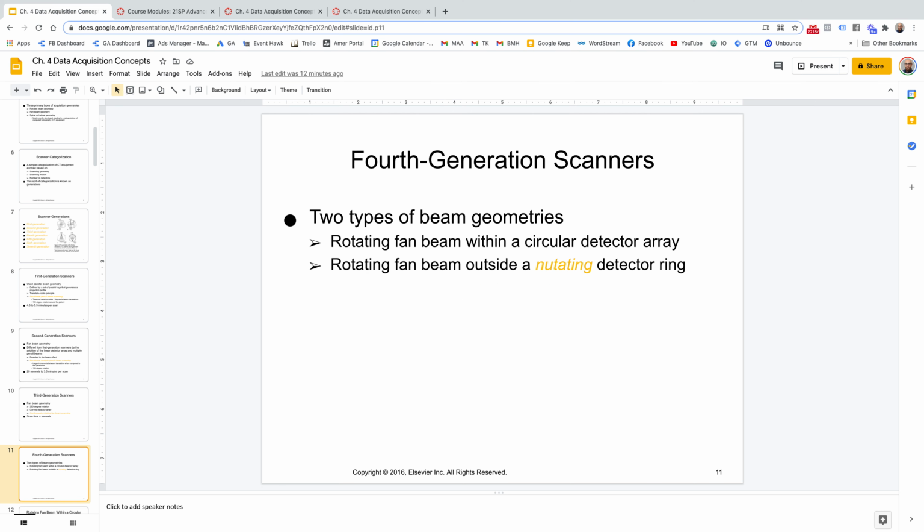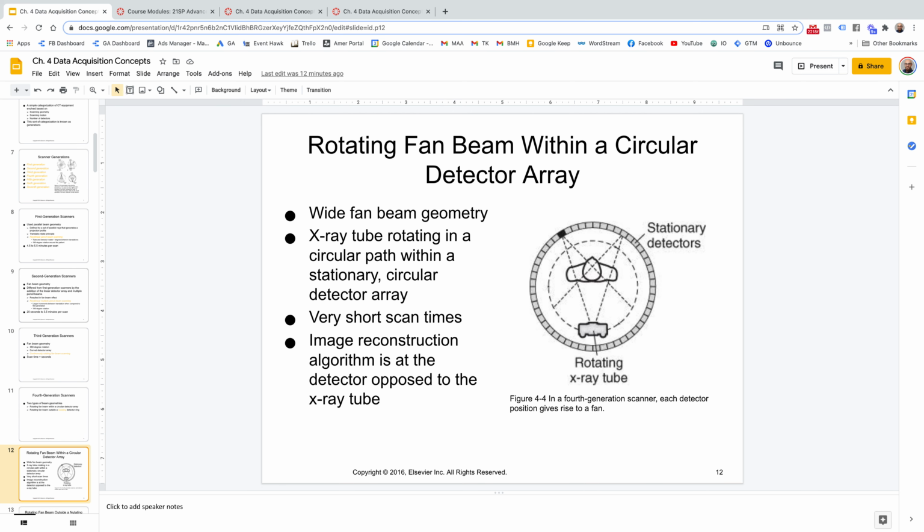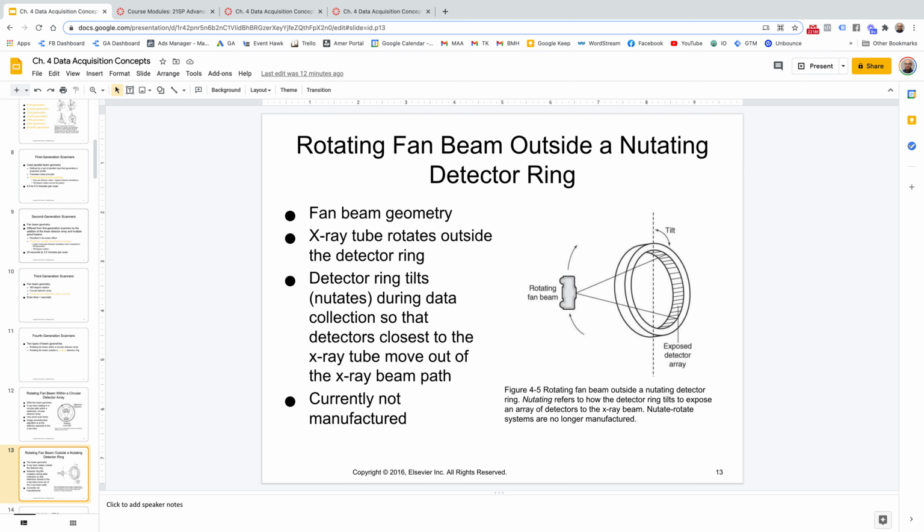It's the weirdest thing. So this is the one we talked about where the tube rotates and the detectors are stationary. And this is the other one, the rotating fan beam outside a nutating detector ring. The beam is here, and it's like not in the gantry, I guess. And this rotates back. The detectors move, but the beam doesn't, or something like that.